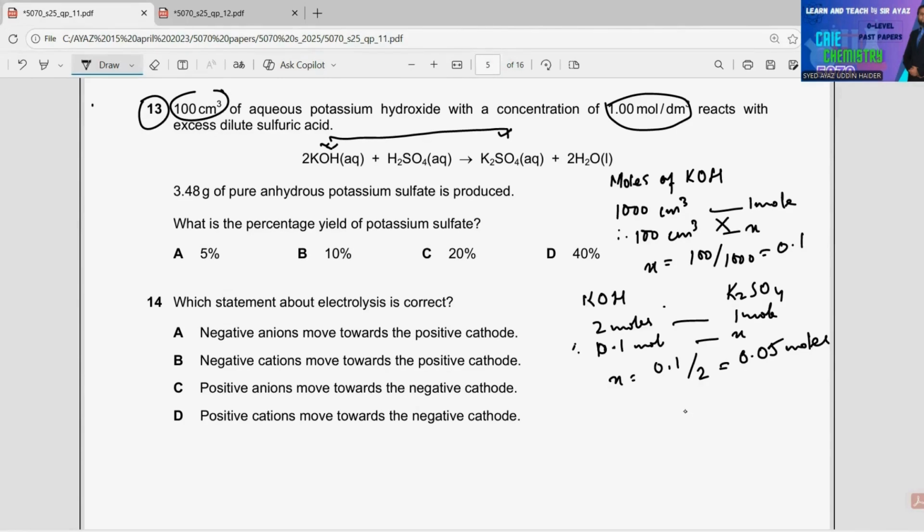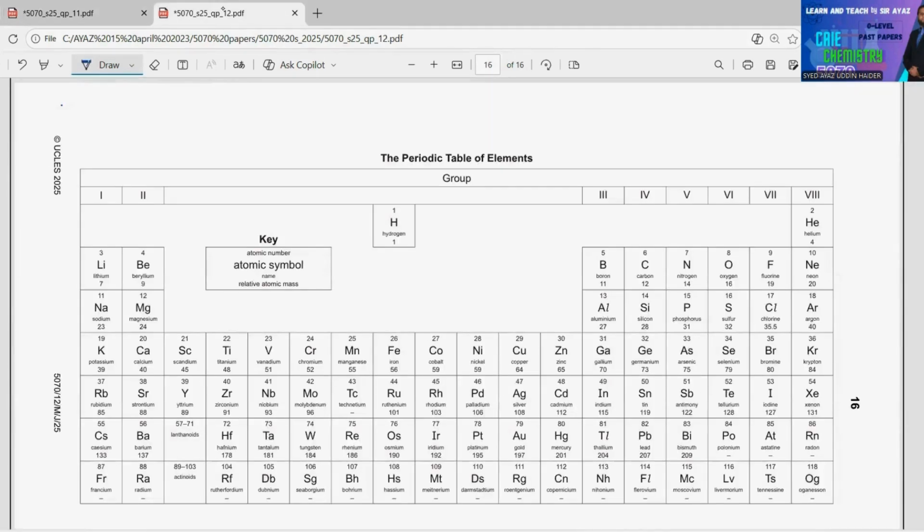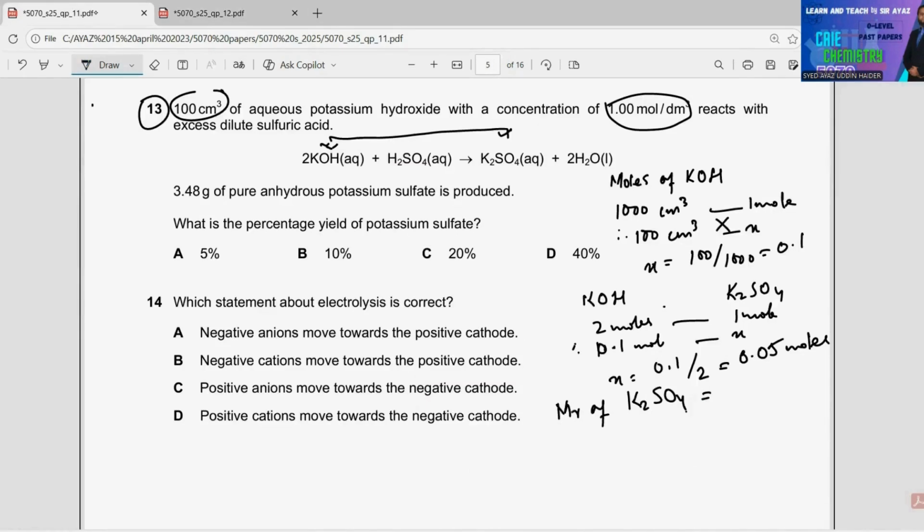We need to find the MR of K2SO4 first. Here's K, nucleon number is 39. Here's sulfur, nucleon number is 32. What about oxygen? Mass number is 16. So 39 multiplied by 2 plus 32 plus 16 multiplied by 4.